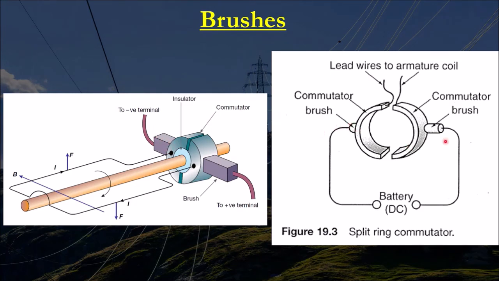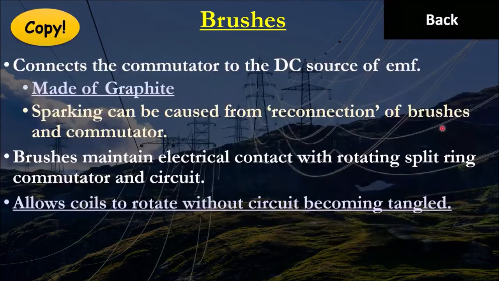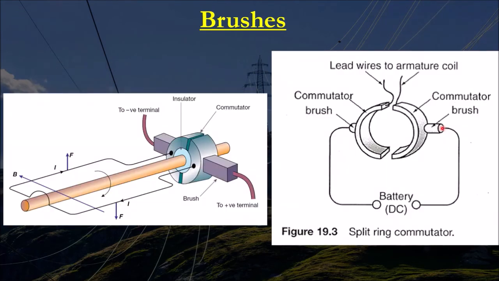Okay, so the feature here with the brushes is they're not actually connected to the commutator, they're just barely touching. They're not fixed onto the commutator, so they're not rotating when the commutator is rotating. The commutator essentially brushes past, hence the name.